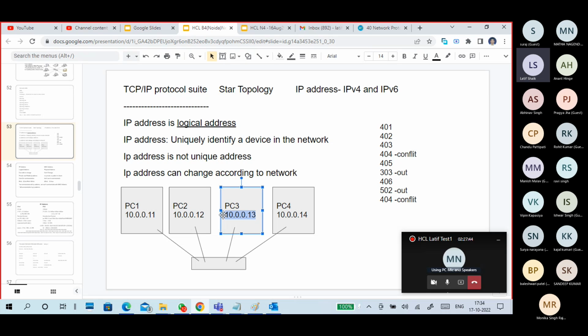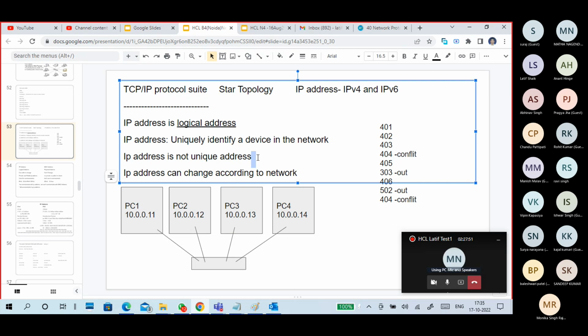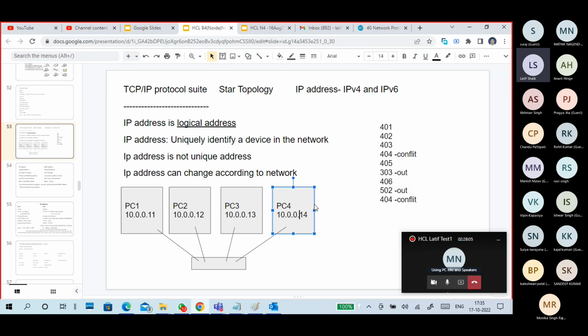We use the IP address to do that. It is not a unique address. Unique means only one address that cannot be repeated again. We cannot say it is a unique address, but it uniquely identifies a device. These IP addresses may change according to your network.